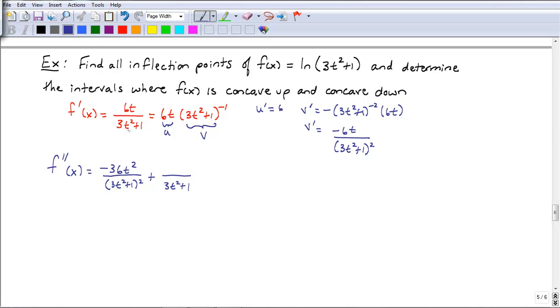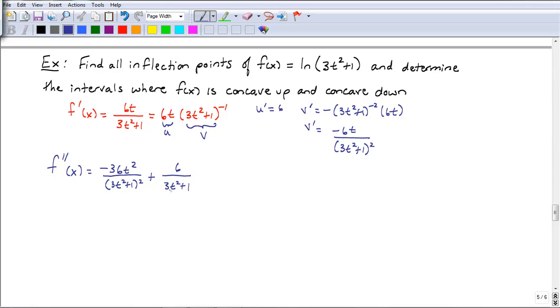That's v. And u prime is 6. Now notice that derivative is defined everywhere. So we got u v prime, v times u prime. Yep.